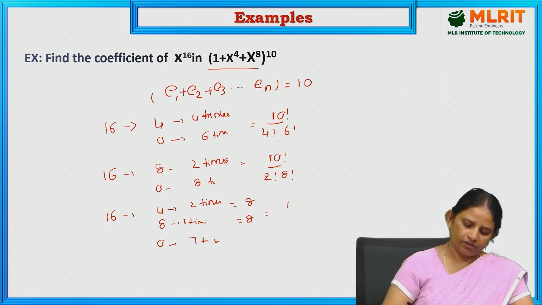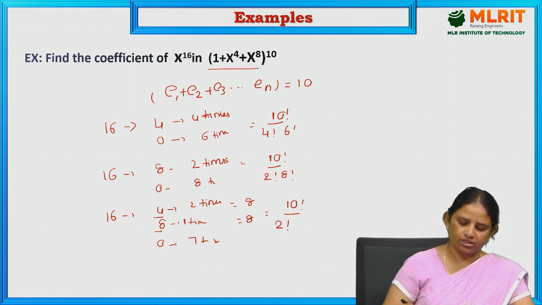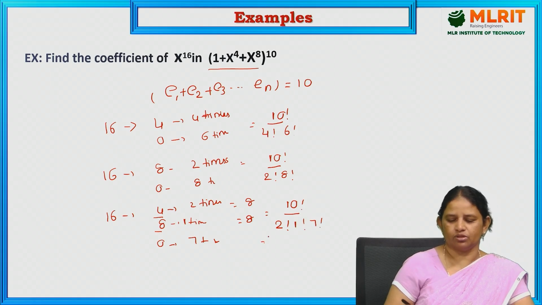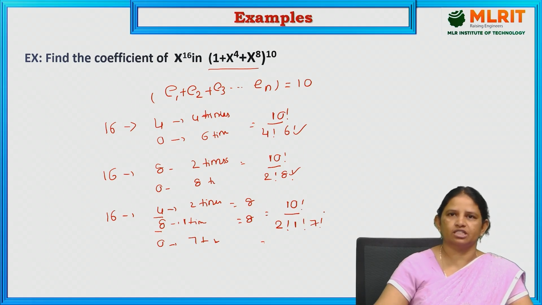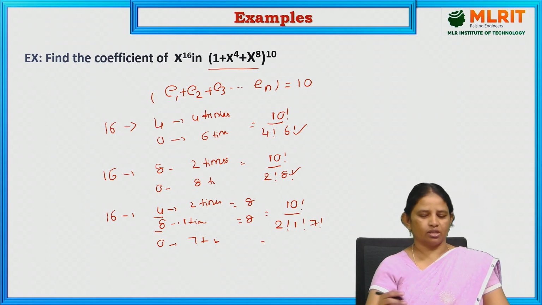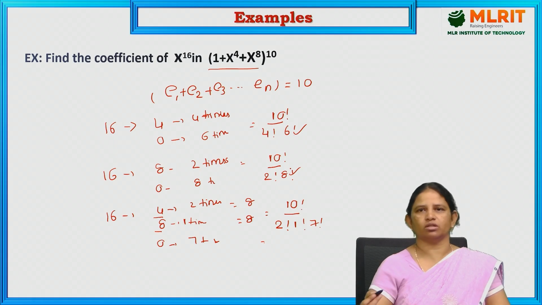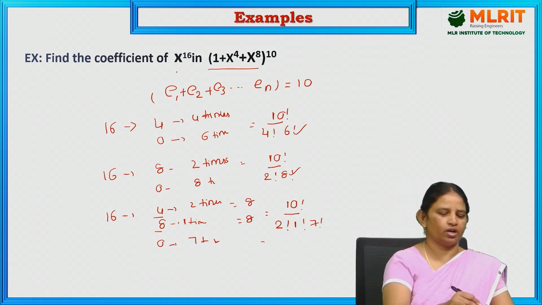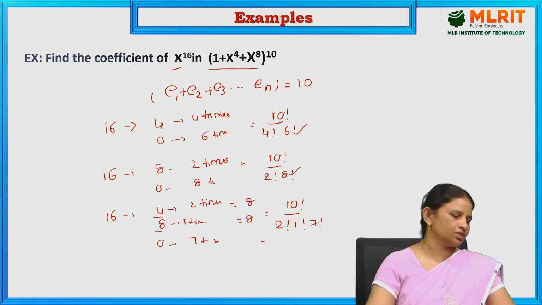That is 10 factorial divided by 2 factorial for the 4s, 1 factorial for the 8, and 7 factorial. So these are the three possibilities to get the x power 16 coefficient: choice 1, choice 2, choice 3. We can choose any one of the choices to find the coefficient of x to the power of 16.